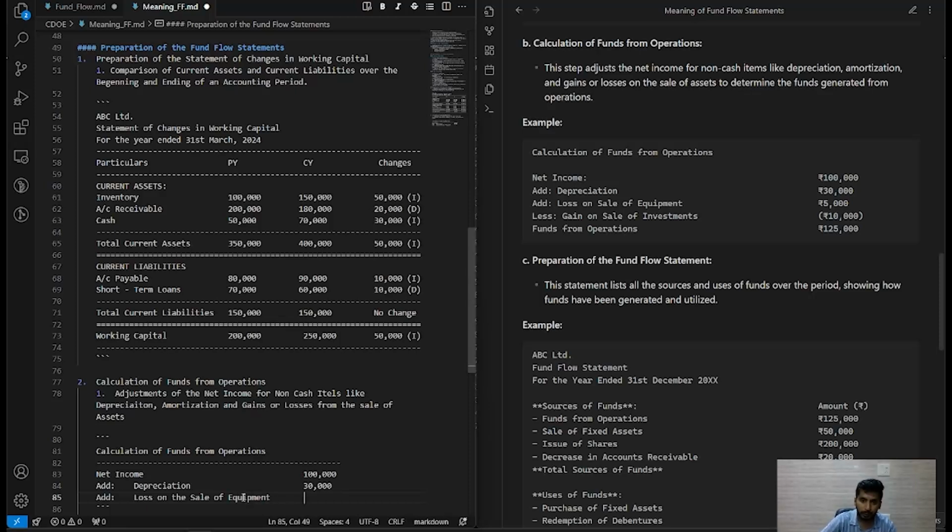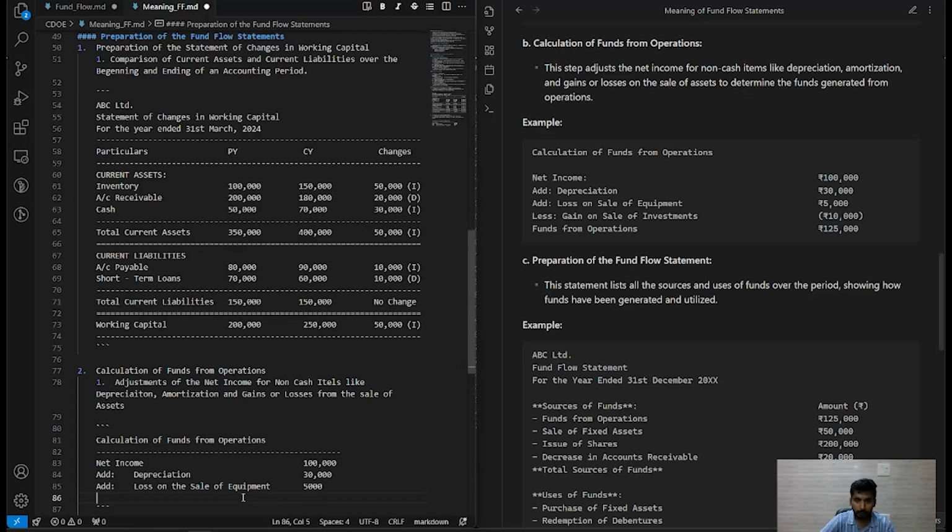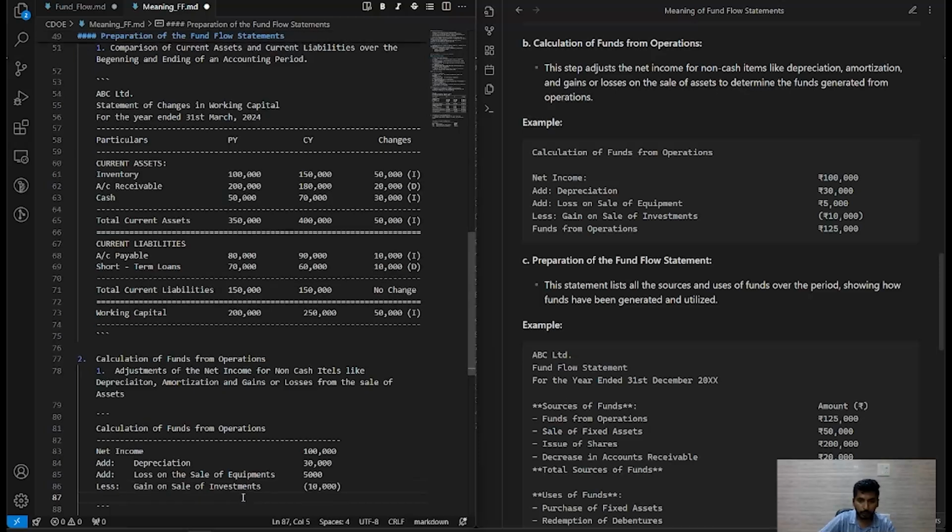So we have a loss of rupees 5,000. We will add that. And if there is any gain, we will subtract. So gain on the sale of investments. Gain is rupees 10,000, so we will subtract the 10,000, which will give us the fund from operations.